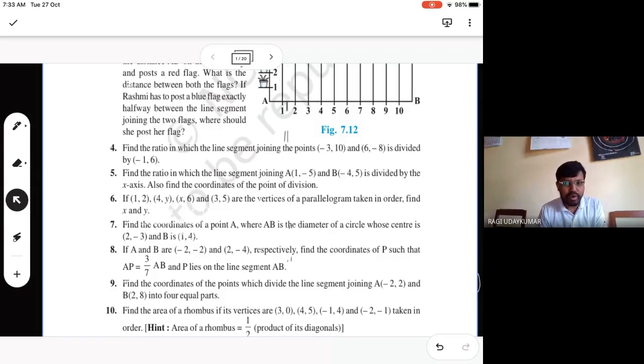So the given points, you consider one point as A, another point as B, and the point which is dividing, you consider as P. Okay.